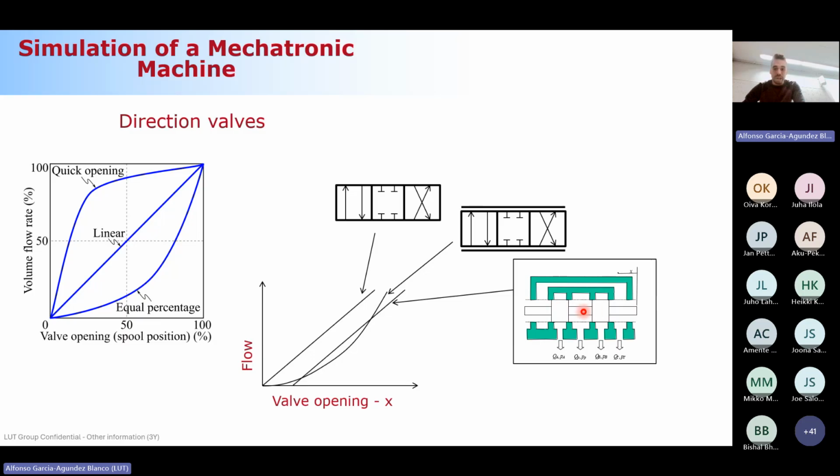I can move the spool a bit here and still not have flow. I need to move it more to have volumetric flow rate. Did you understand the curve in this case? Basically this one is the previous one, but shifted a bit because of the thickness of these cylinders. Is it clear? Perfect.